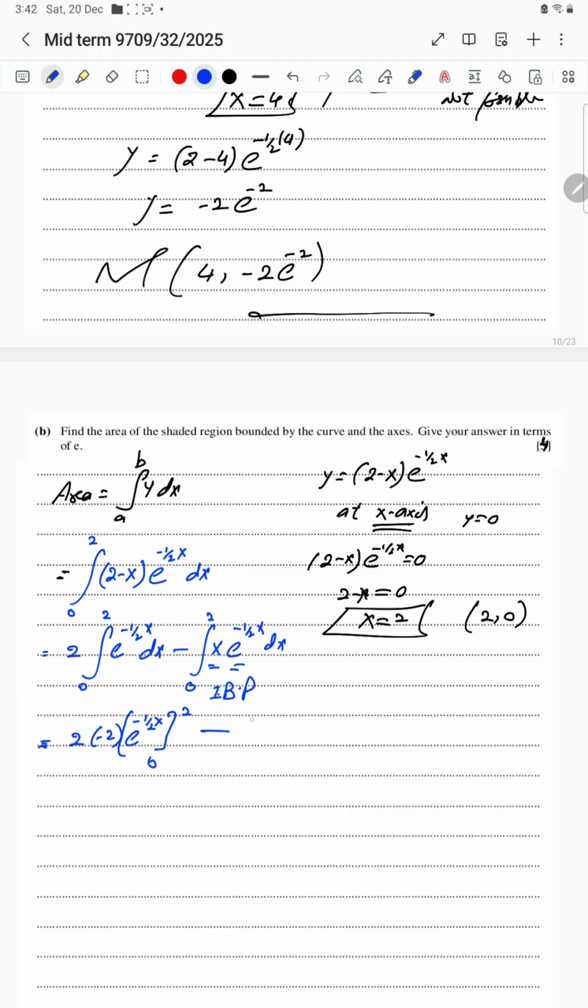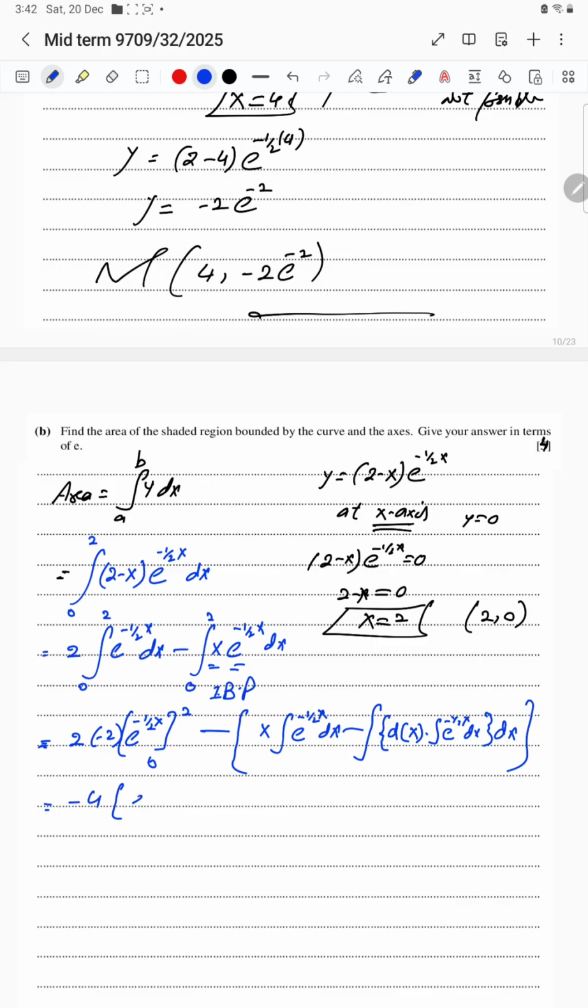For the IBP, I will write u. Here I am going to apply the bracket because this minus sign can affect: integral of minus 1 by 2 of x dx minus integral, so differentiate of x times integral of e power minus 1 by 2x dx, and then dx. So we will see minus 4.